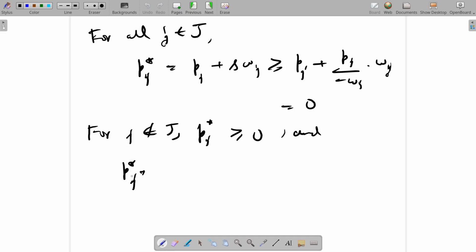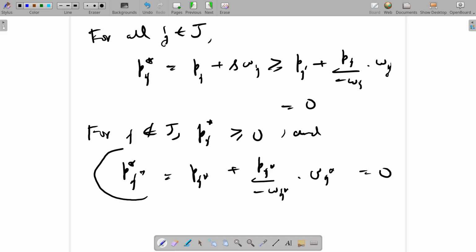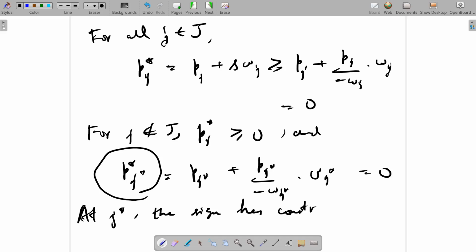So the j star coordinate of p star is pj star plus pj star over minus wj star times wj star, and this is nothing but equal to 0. So not only is it in the feasible set and satisfies all of those equality constraints, but it has an additional equality. So at j star, the sign constraint has become tight.